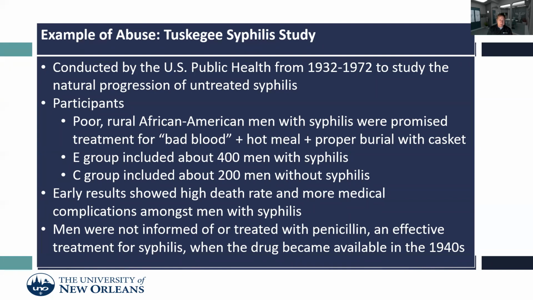And syphilis does have long-term chronic problems that it causes, including senility. And so, it's disappointing that that research was done. It's certainly disappointing that research was done under the name of the U.S. public health system. And it's also disappointing that it lasted as long as it did.